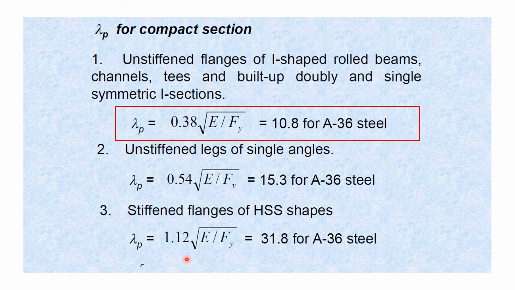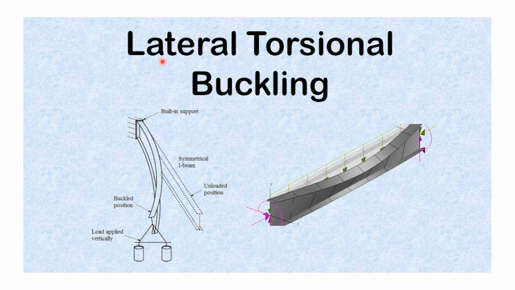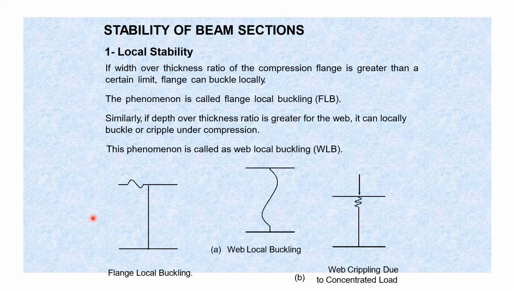And what is lambda p? Here is lambda p for compact section, unstiffened flanges. Again, in the types of section I will discuss what is unstiffened and stiffened. Let me explain here. Here is our I section.